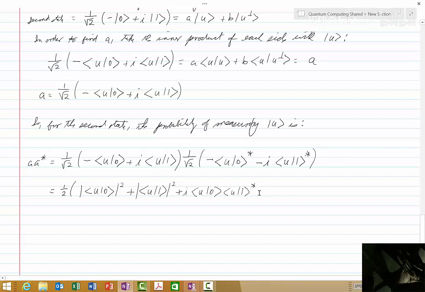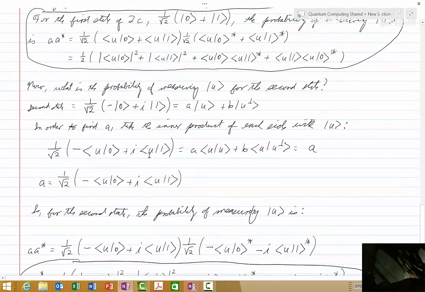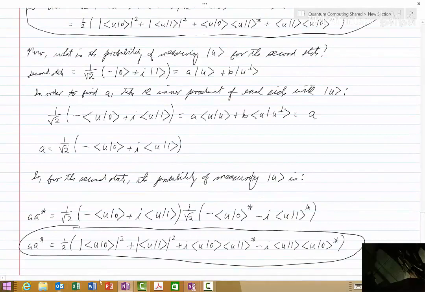So we'll have minus I times the inner product of U with 1 times the inner product of U with 0 conjugate. And this is the value of A star in the second case. There's A star in the first case. Here is A star in the second case.